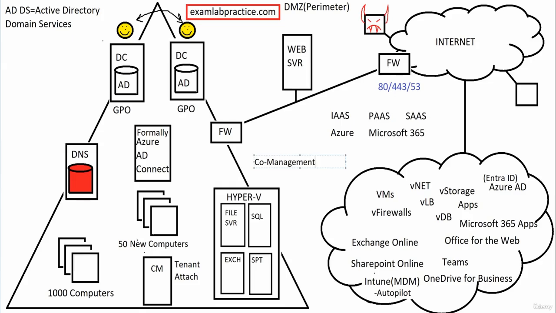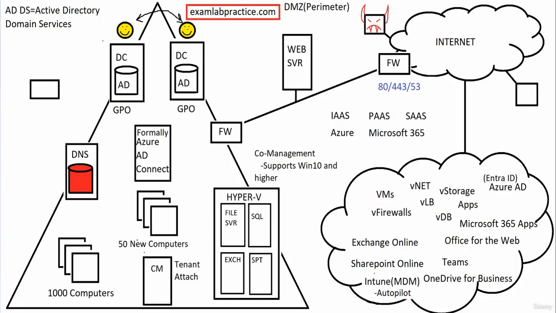which apparently I can't spell, but there it is, co-management. Co-management is supported by Windows 10 and higher. Okay, so those are the only operating systems it supports. It does not support Linux and Macintosh and all that. Co-management is really mostly beneficial for laptops.